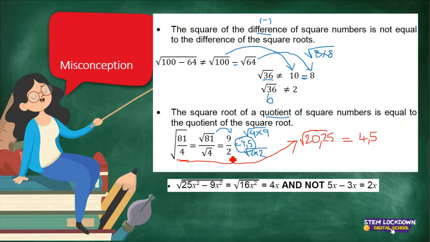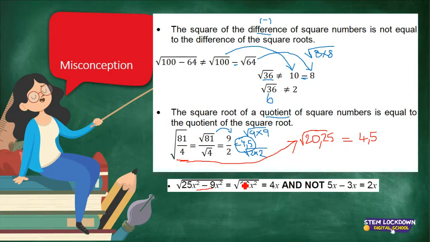Last misconception that learners have when it comes to this type of question. In fact, we've already done this here. If you have this question, the square root of 25x squared minus 9x squared, you can subtract these two because they are like terms to get 16x squared.